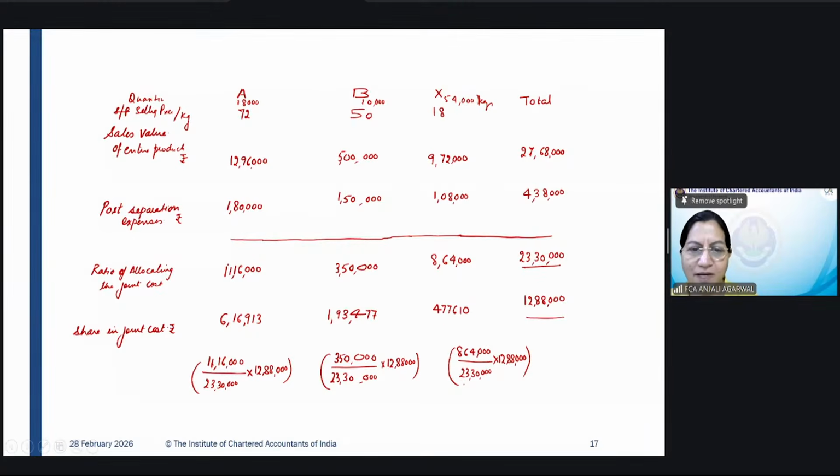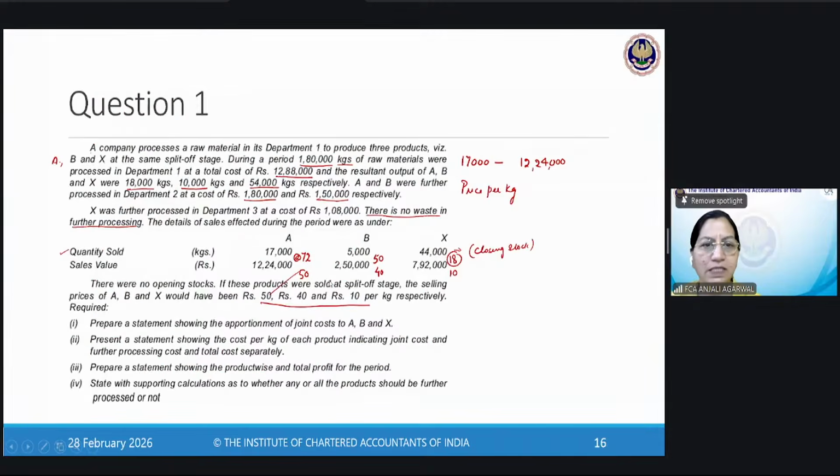Now, the question is, why did I take net realizable value? In this question, firstly, I would not take the market value after split off. Market value, final market value. Why? Because there are further processing costs, 180, 150, and 18, which are different.